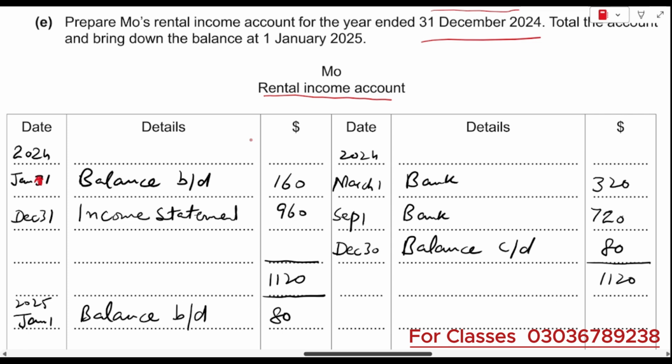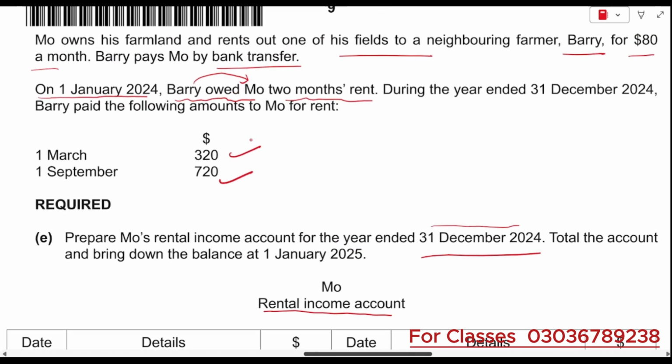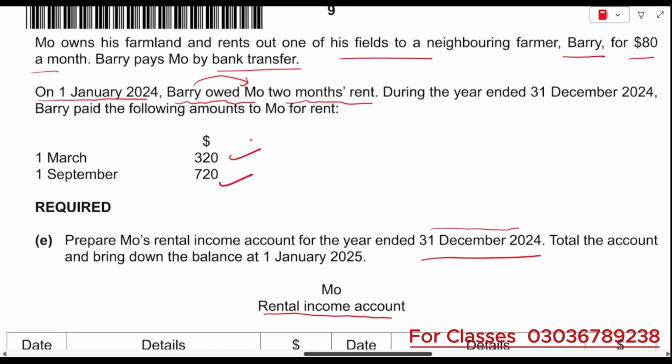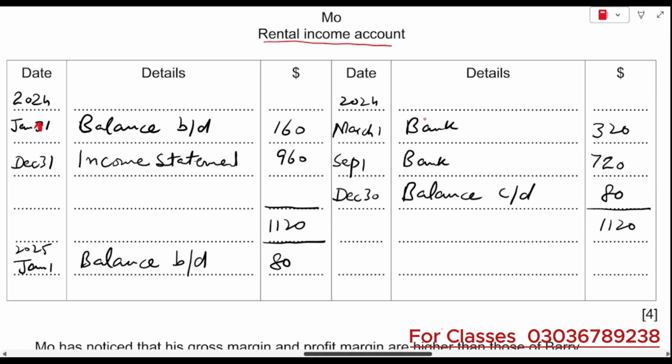How did 160 come? 160 is not given in the data. You can see how we will calculate 2 months rent. We are given $80 per month. So 80 multiplied by 2 is equal to $160.